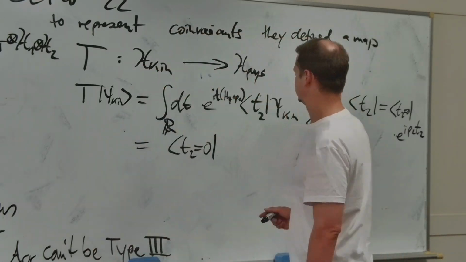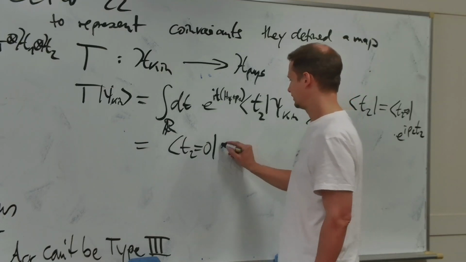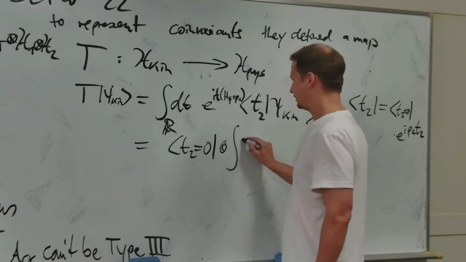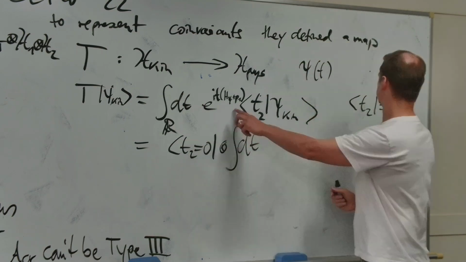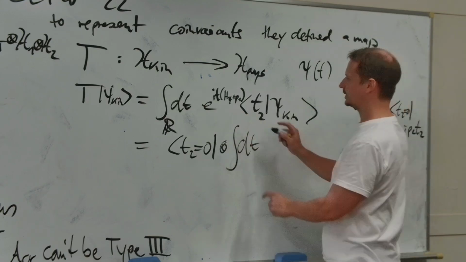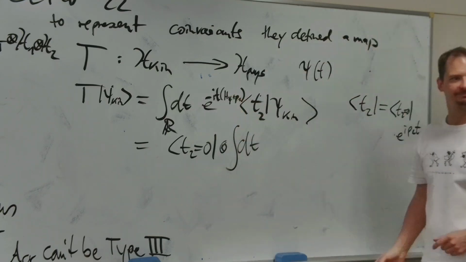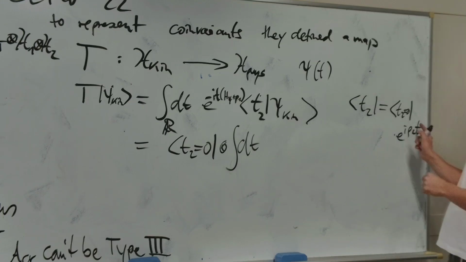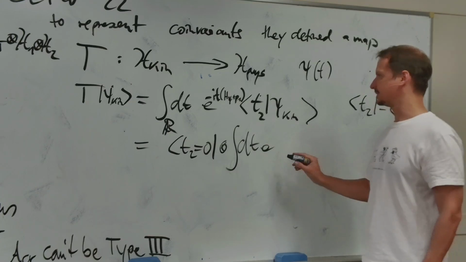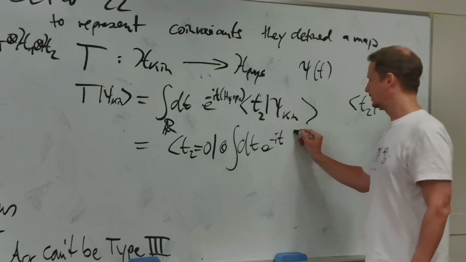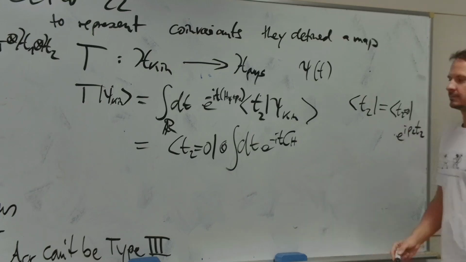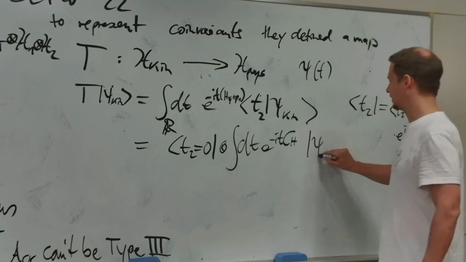So I can take this out. So what do we have then? dt. Sorry, here I should have a minus. Sorry. And so here you will get e to the minus i t H, and then cycle.